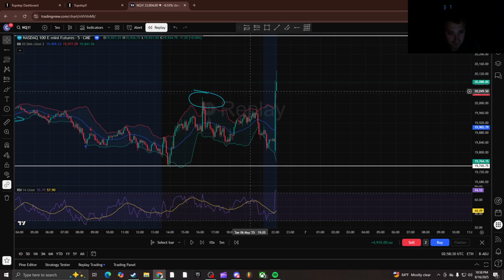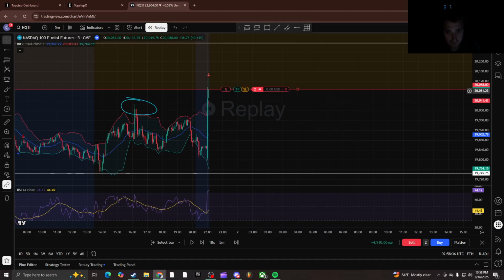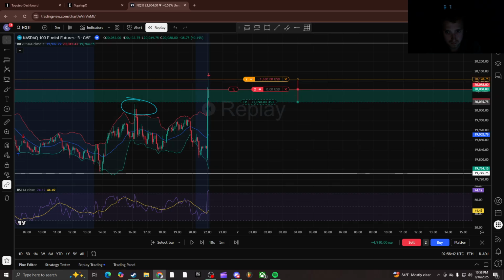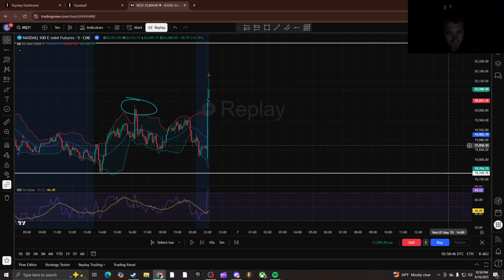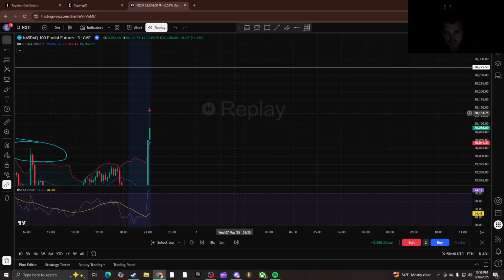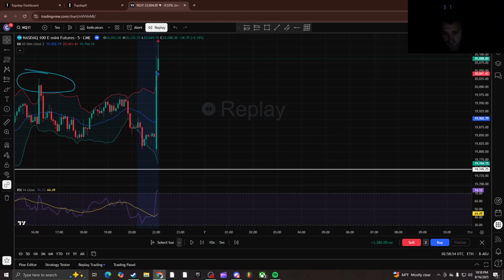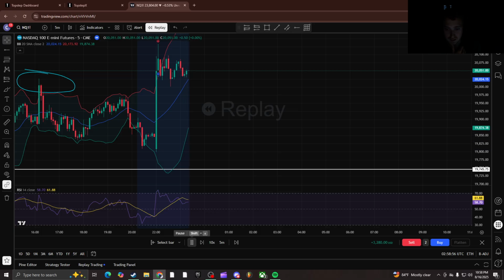So we have a candle closure outside, we would sell here, 1600 for 1600. Take profit. Well, let's just go find another one because that's not a good example here.